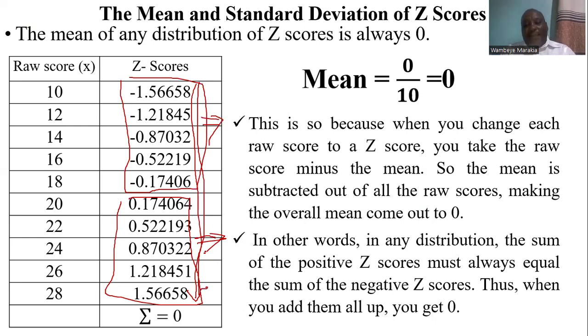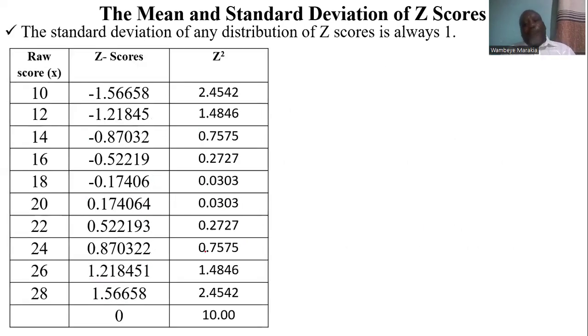The second thing I want us to note is the standard deviation of the z-scores. In this case, we are not calculating the mean of the raw scores, but the z-scores that we have calculated.